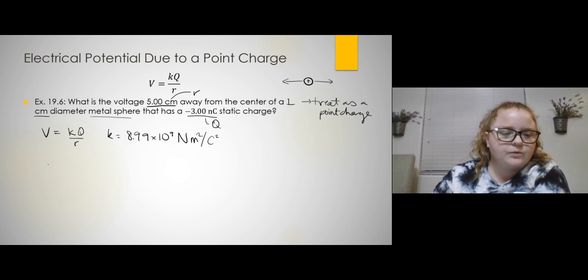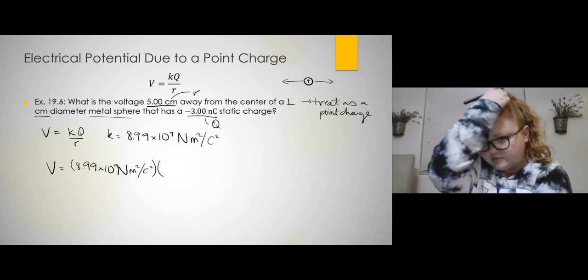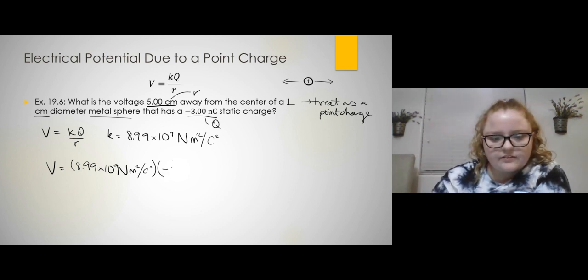So we have V is equal to k, 8.99 times 10 to the 9th Newton meters squared per Coulomb squared, times negative 3.00, and I'm going to convert our nanocoulombs.